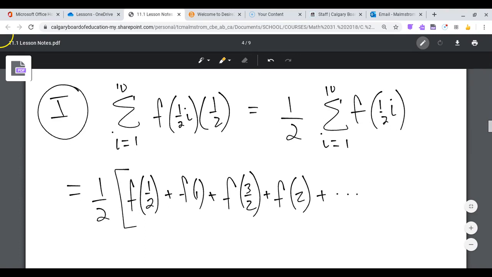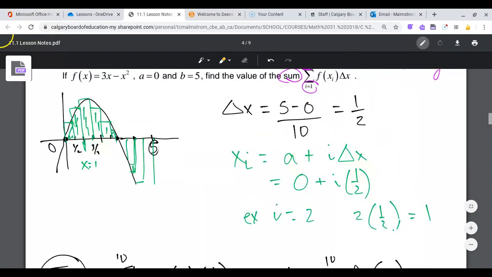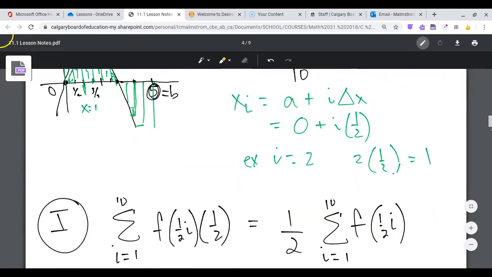All the way until we get to the last rectangle. So if I do this 10 times, I should get to f of 5. That's actually my b value, right? That's the last x value, the b value, okay? There it is, there's b. It's going to be the last one. And in between there, I have 10 values.